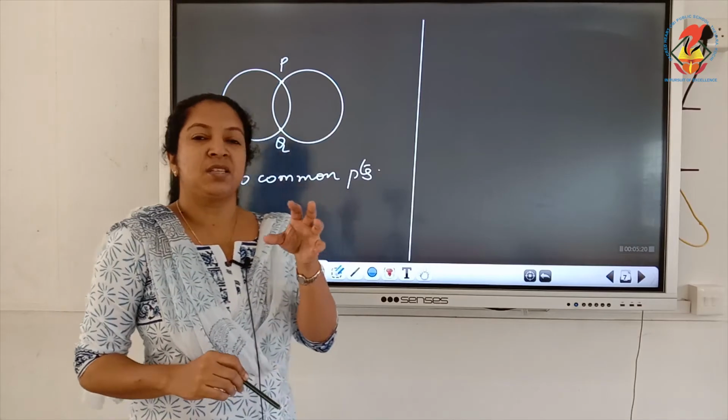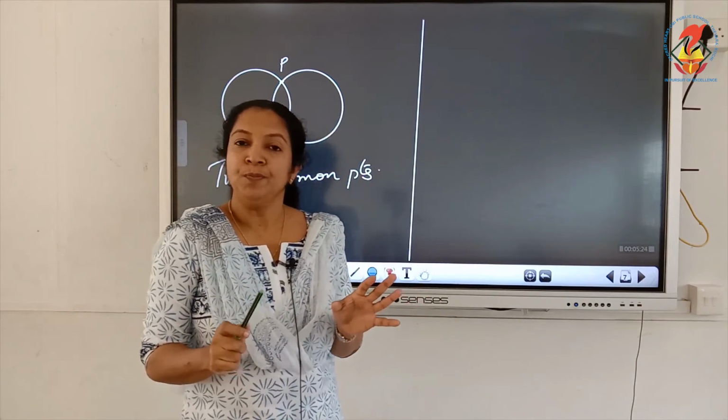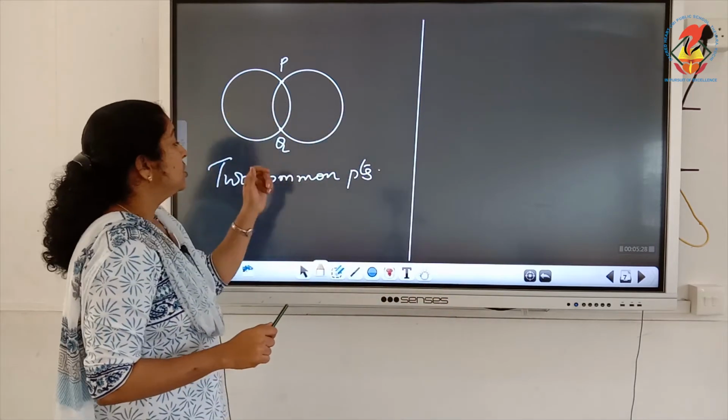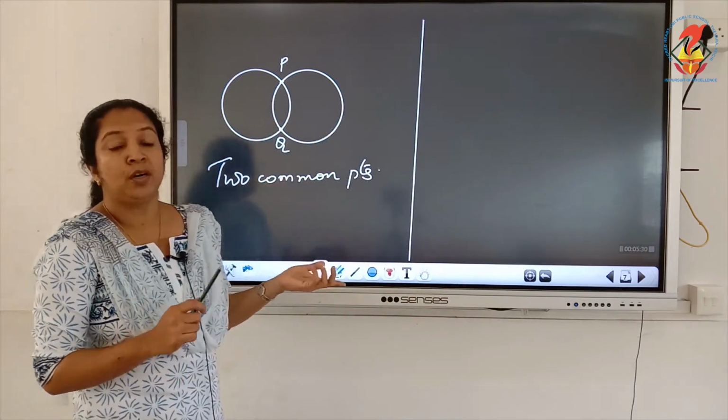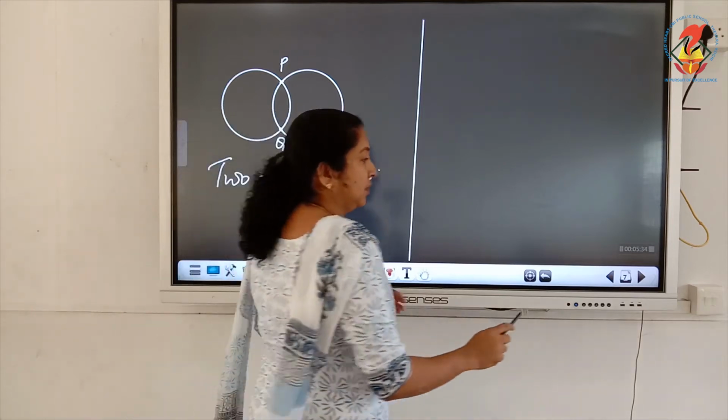So, this is the maximum. Why? We can draw only one circle passing through 3 given non-collinear points. Here 2 points. So, what is the maximum number of common points? 2 is the maximum number of common points.